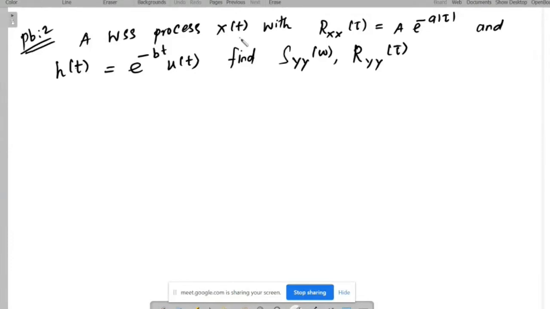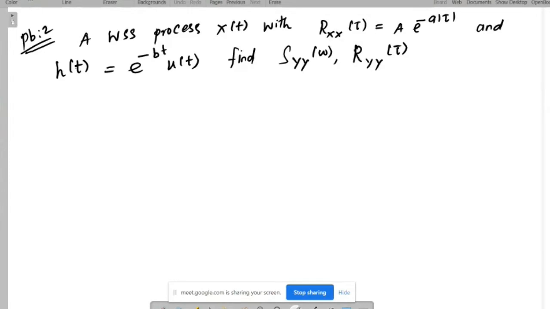WSS process x of t with R_xx of tau equal to a e power minus a modulus tau, and h of t equal to e power minus bt u of t. Find S_yy of omega, comma R_yy of tau.